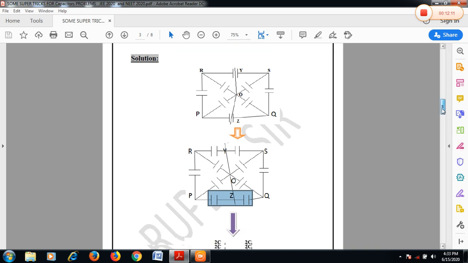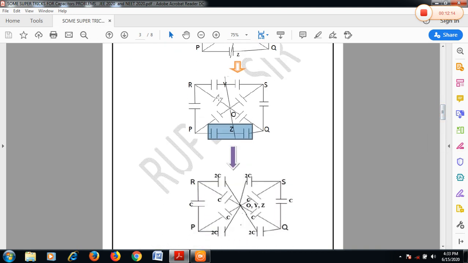Okay students, now since I have said that these two parts are in series combination, we can easily connect these.